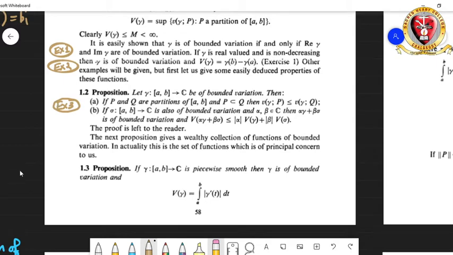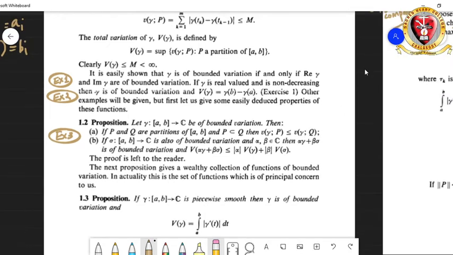Proposition 1.2. Let's make the statement clear. If you're given a gamma which is of bounded variation, and you're given two partitions P and Q such that one partition is lying inside the other, then the sum which we discussed earlier with respect to the partition P will be less than or equal to the sum with respect to the partition Q. It is also a very direct proof, direct logic.